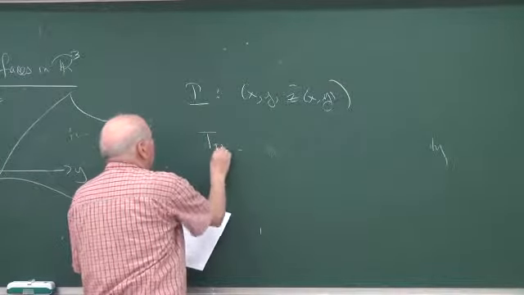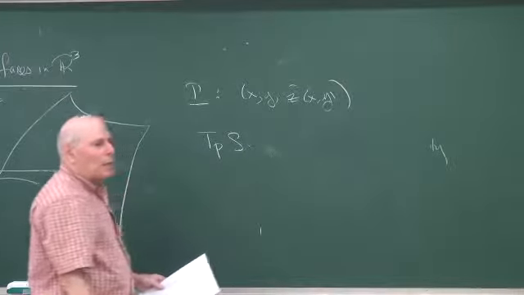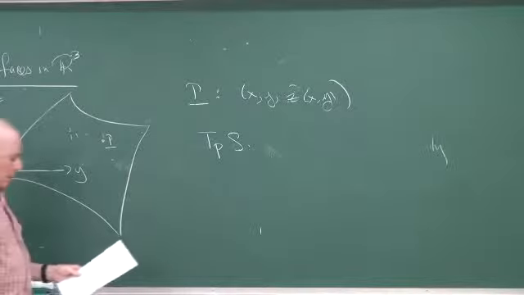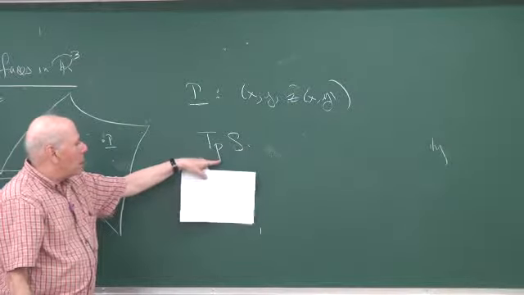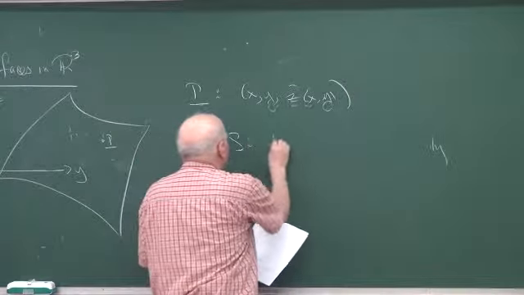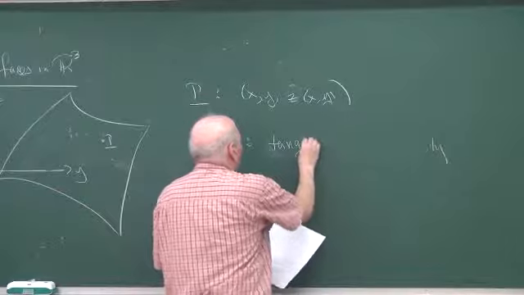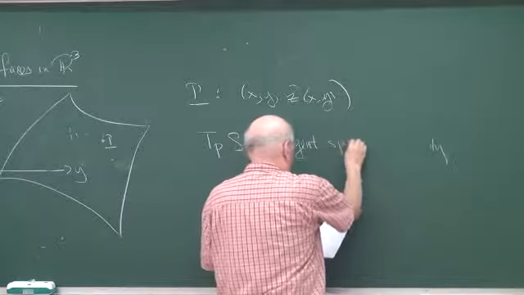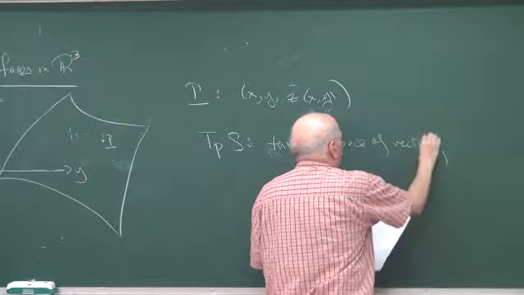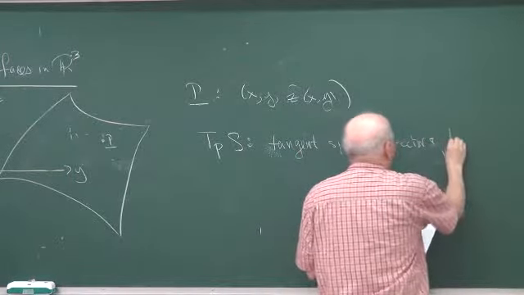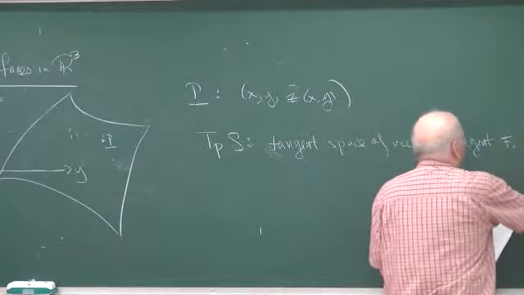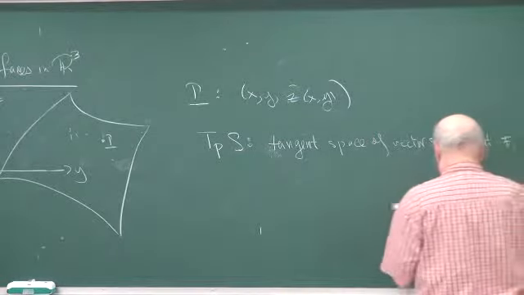The tangent at the point P of the surface S is called the tangent space, which is the set of all vectors tangent to S at P.